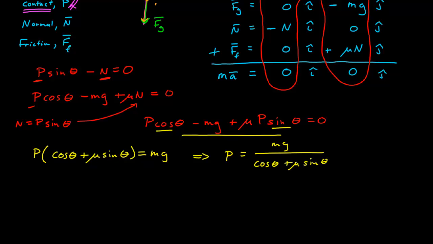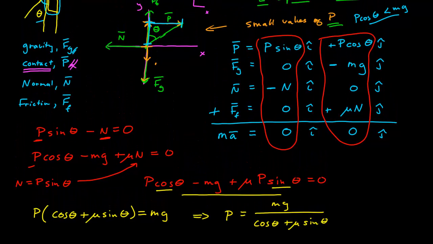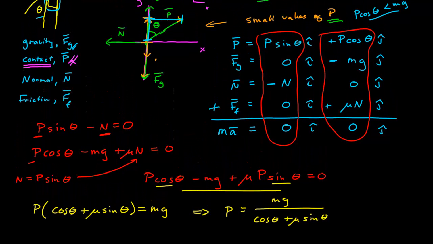Okay, so what does this mean really? This is one regime, where this is the small value of P. So this gives us a limiting case really, as if P is any smaller than this value, then the system fails. Then mu can't hold up the system, right?